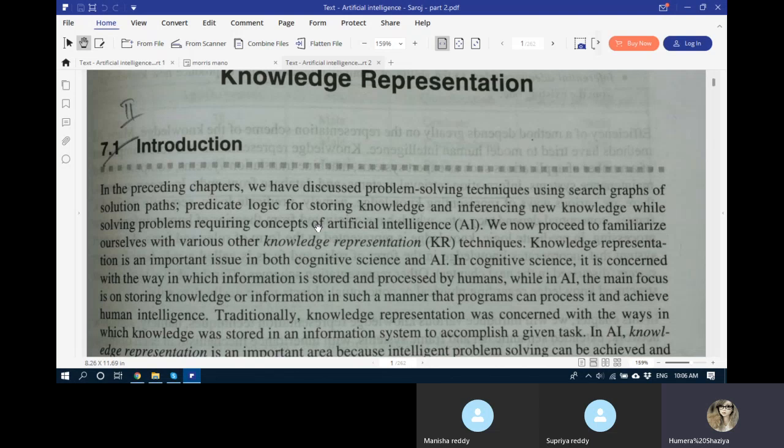Knowledge representation has been a very important issue in both cognitive science and artificial intelligence. In cognitive science, scientists were concerned with the way in which information is stored and processed by human beings.